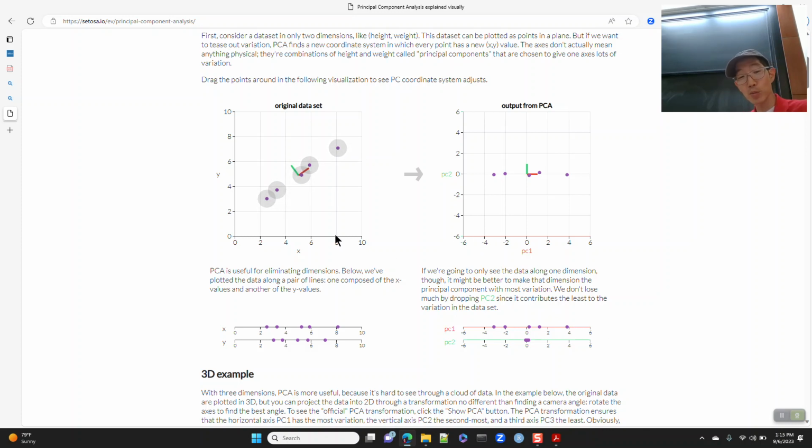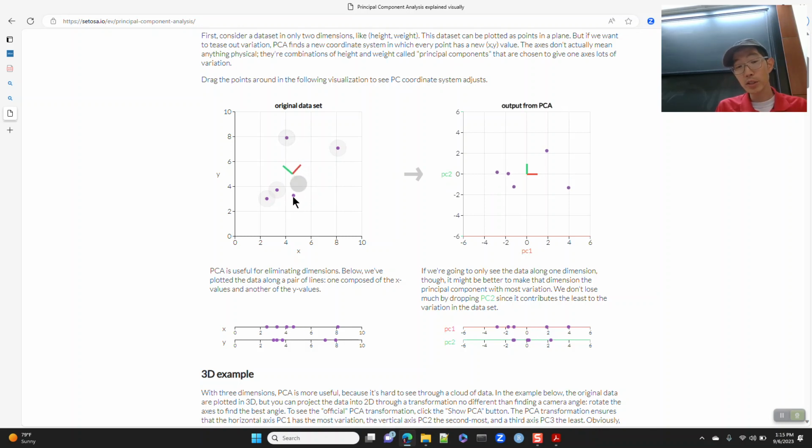If we needed to sort them in order of x, we could do that. By throwing away the second principal component, we lose a little bit of information, but not very much. This works out well because you have highly correlated data.